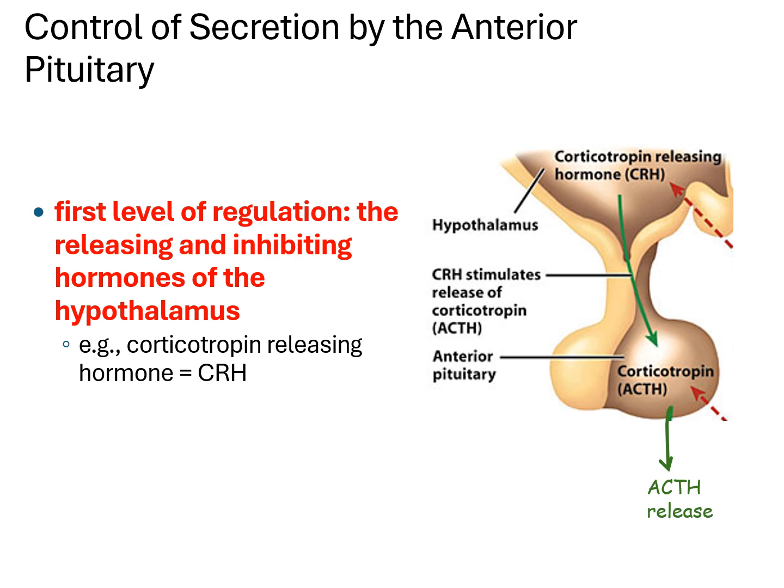But that hypophyseal portal system is going to supply the cells of the anterior pituitary. The corticotrophs of the anterior pituitary are going to receive this CRH message and are going to respond accordingly by producing ACTH, otherwise known as corticotropin, and dumping that into the bloodstream.